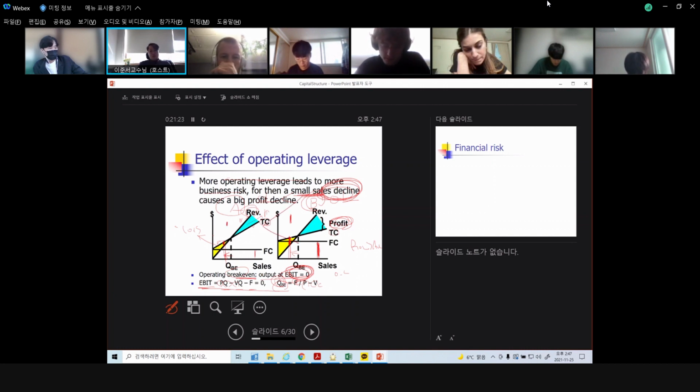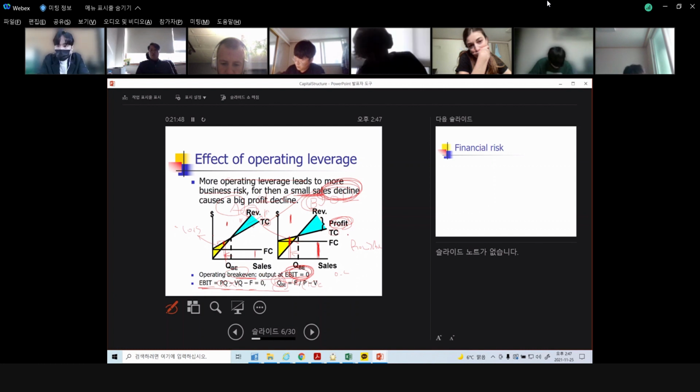So the amount of loss in B is much bigger than the amount of loss in A, because the fixed cost out of the total cost ratio in B is higher than A. In other words, operating leverage in B is higher than in A. So we would say B has more business risk, because the portion of fixed cost out of total cost is higher in B, right? That's the operating leverage.